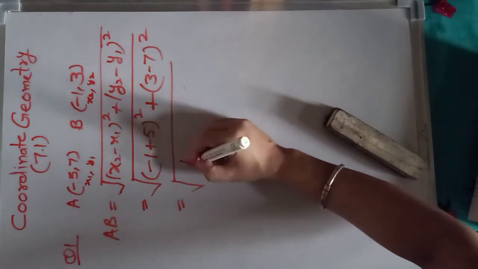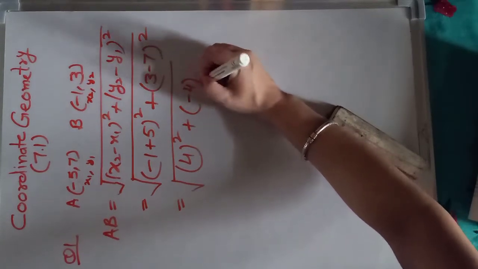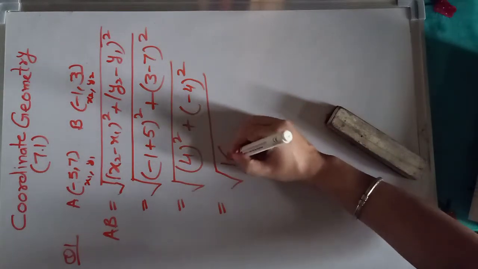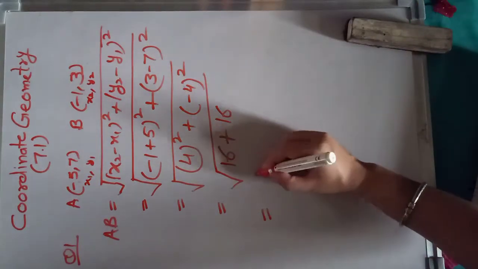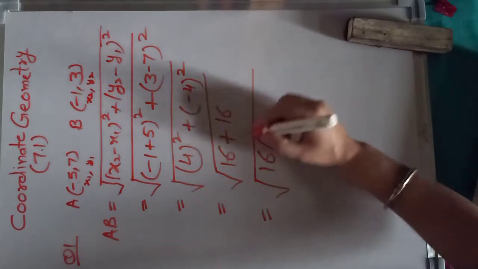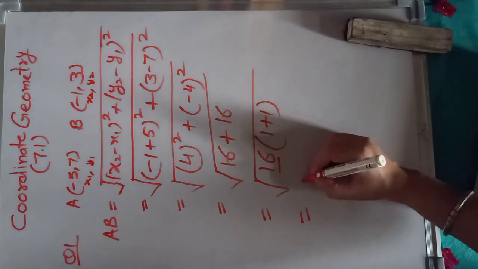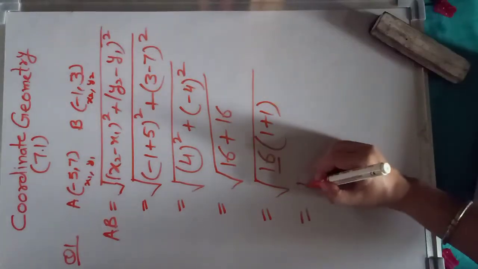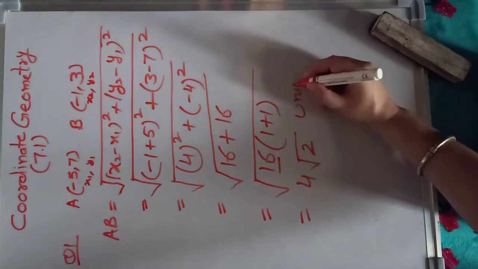Yes, 5 minus 1 is 4, and here it is minus 4. 4 square will give you 16 plus 16. And one more thing, since 16 is twice, you can take it out, leaving 1 plus 1. And what is the square root of 16? The square root of 16 is 4. So you are left with only 4 under root 2. Now mention the unit here.